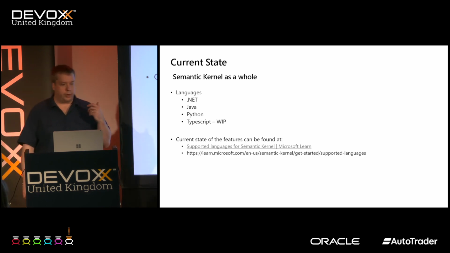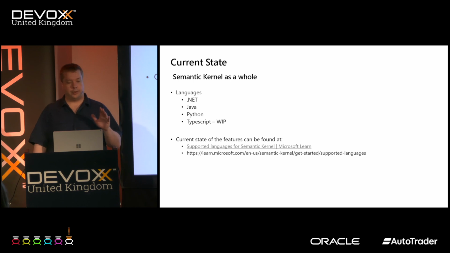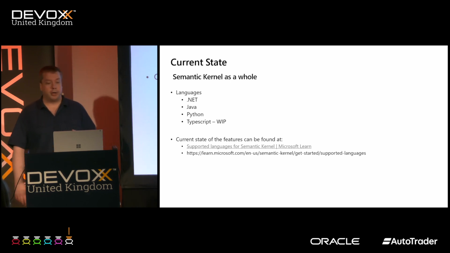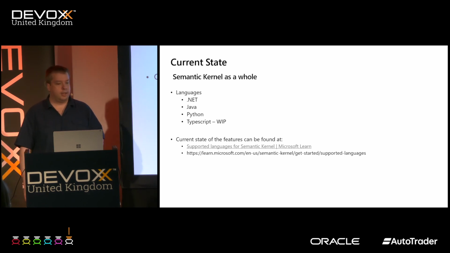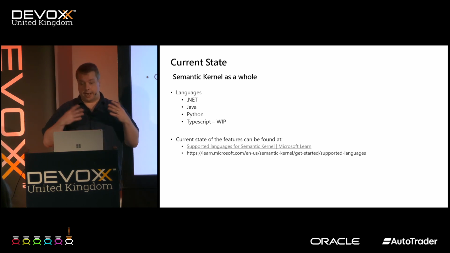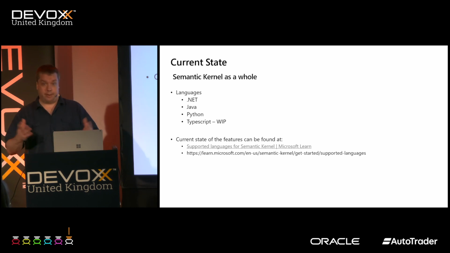So we are cross-platform, so cross-language. We have a .NET, a Java, and a Python implementation. The Java has recently gone version 1. The idea here is, again, that you can take the prompts you write into any language, and they should work the same across any language.